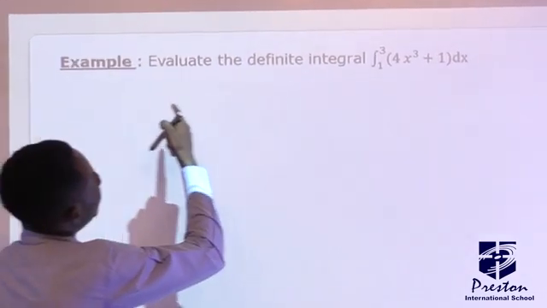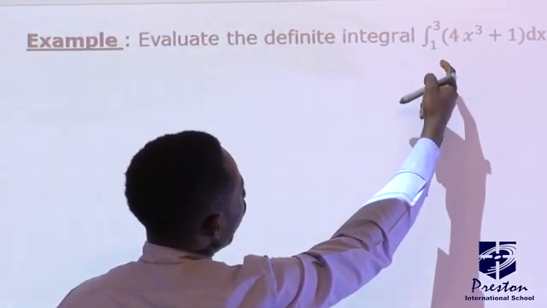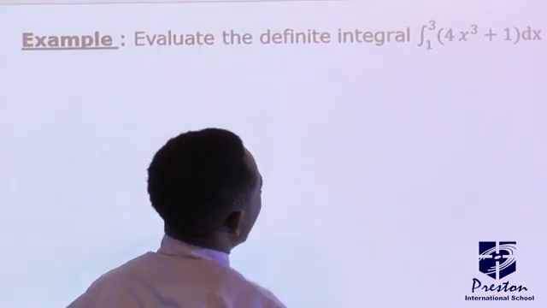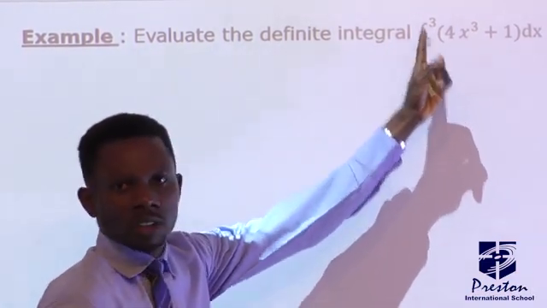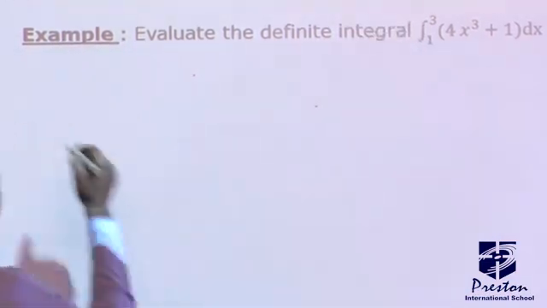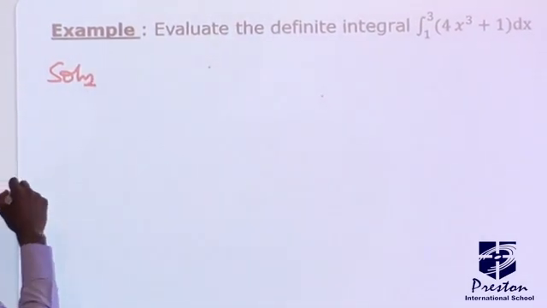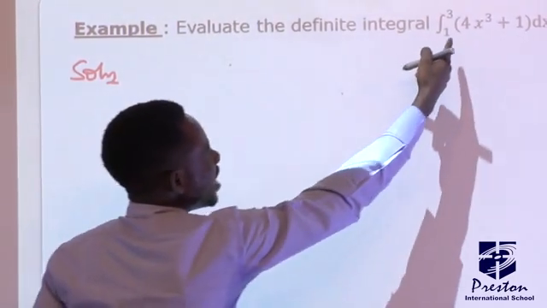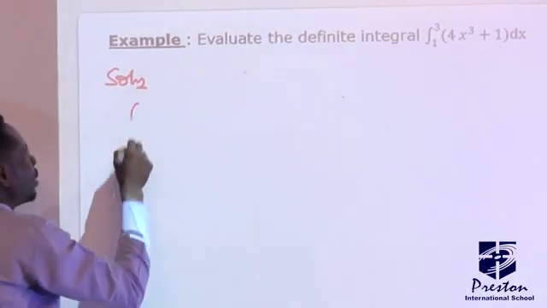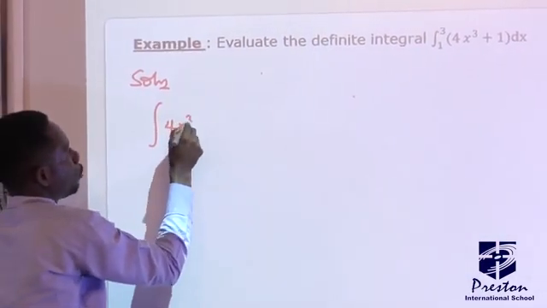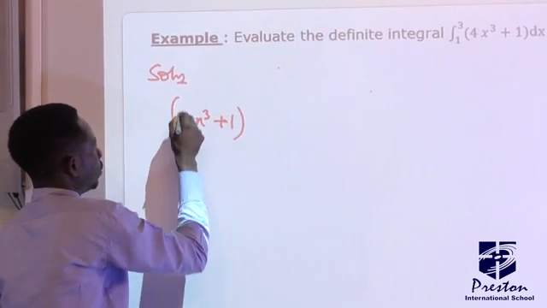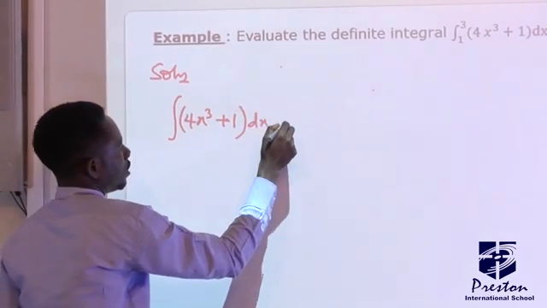Okay, let's just have an example on that. We have to find the definite integral of the function 4x cubed plus 1 dx from 1 to 3. How do we do this? Like what the steps say, the first step is to find the indefinite integral of this. That means we have the integral of 4x cubed plus 1 dx.